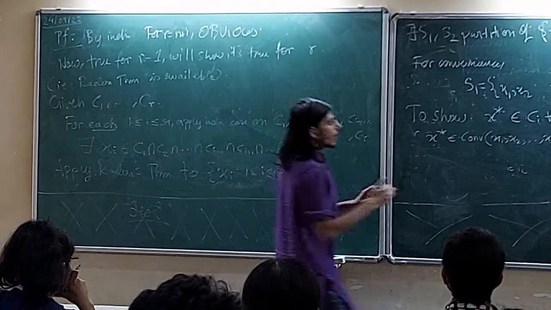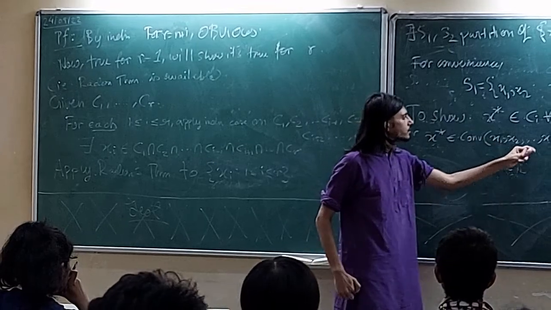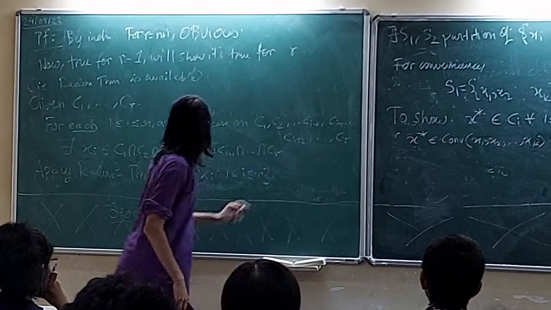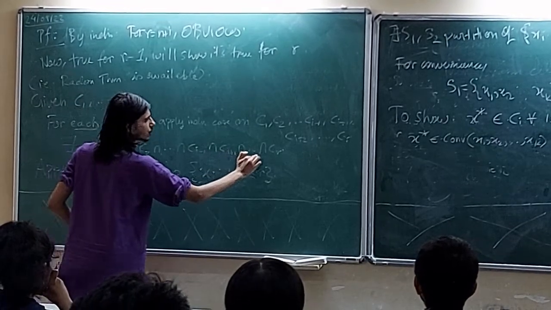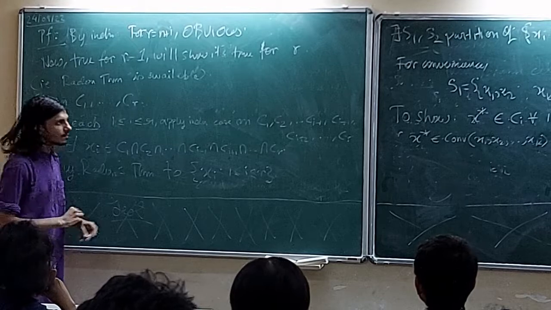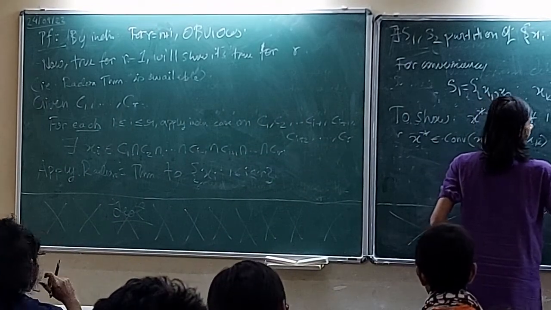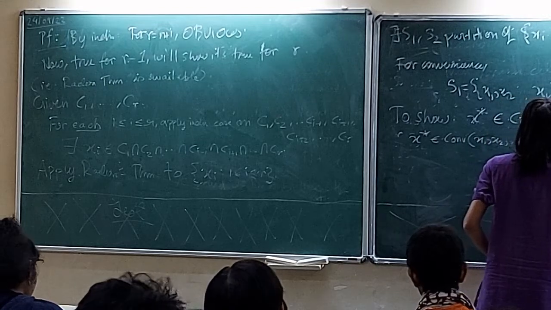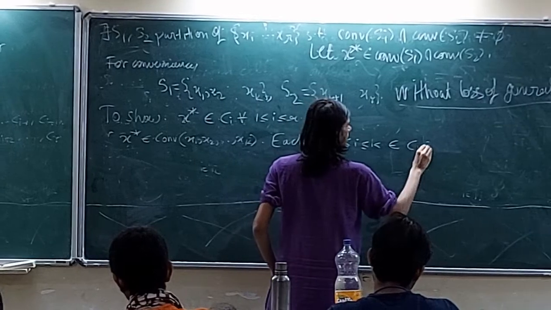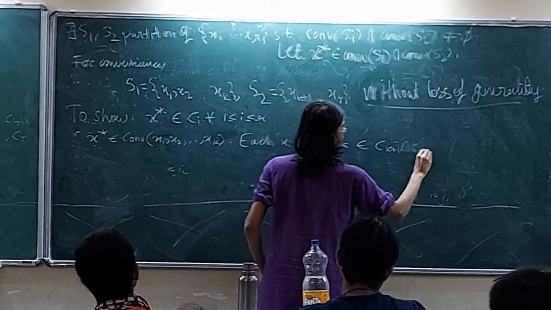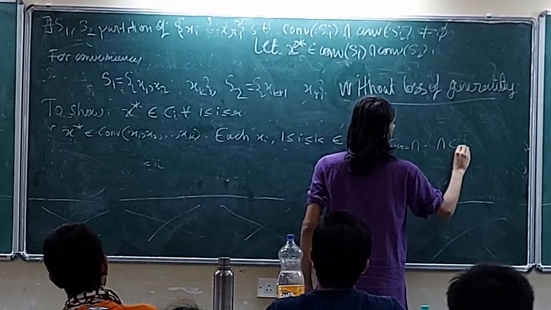But the point is, all these points, x1, x2, x3 up till xk, they all belong in Ck plus 1 intersection Ck plus 2 intersection up to Cr. So each xi for 1 less than or equal to i less than or equal to k belongs in Ck plus 1 intersection Ck plus 2 intersection up to Cr.